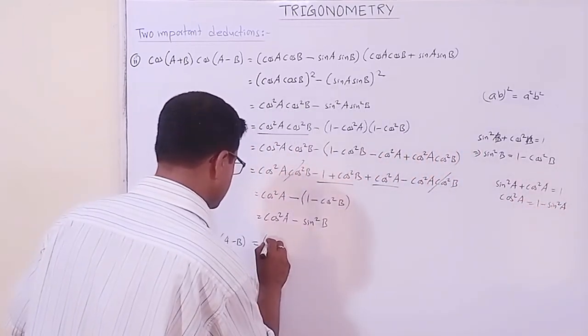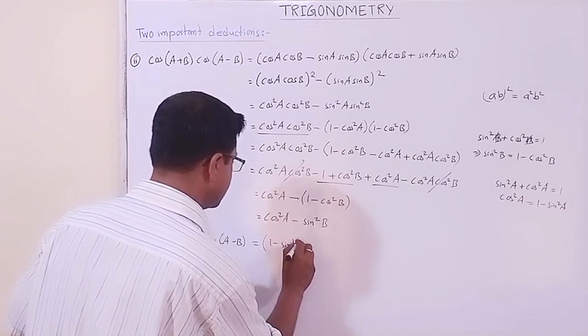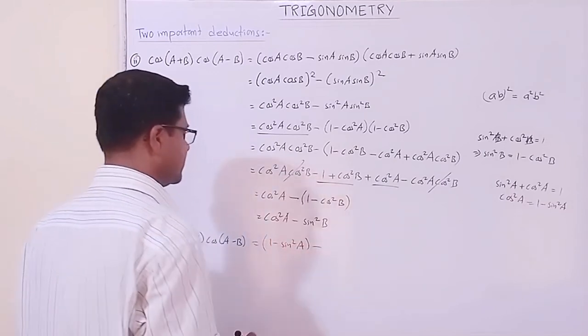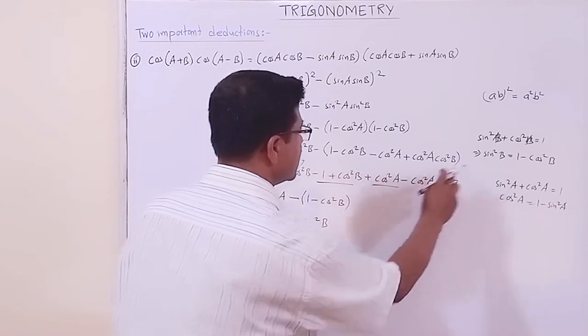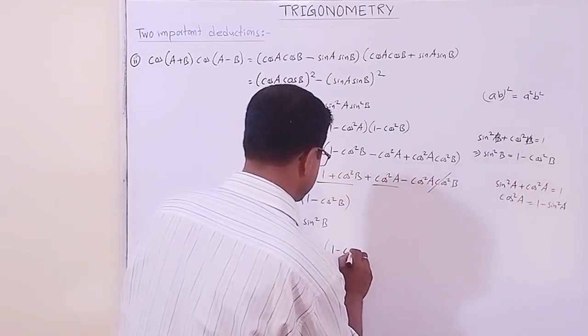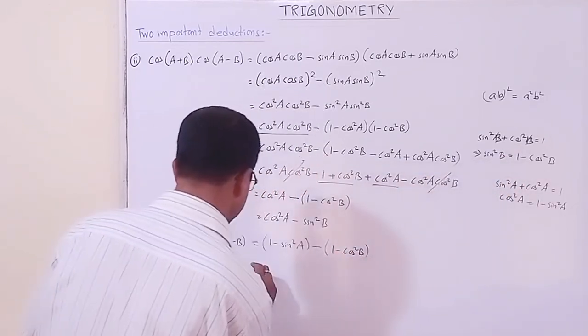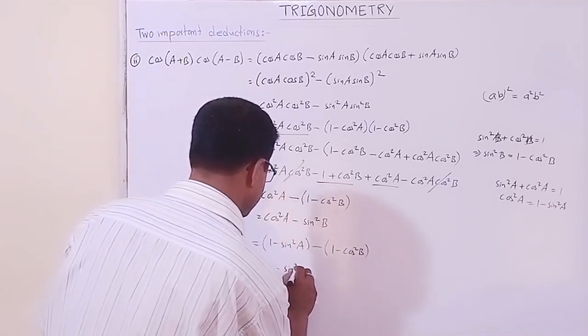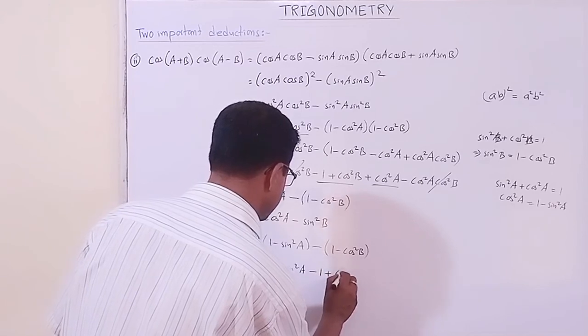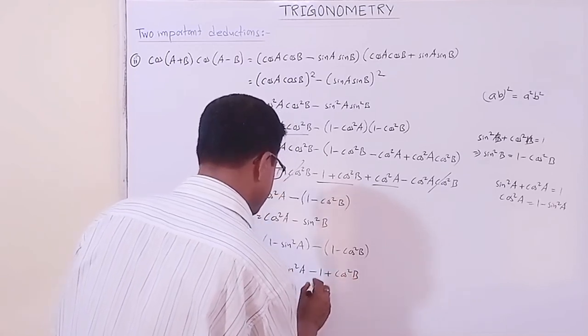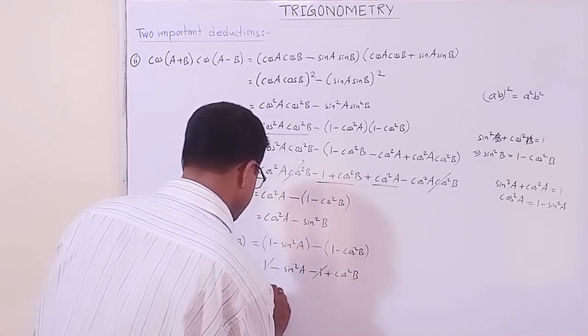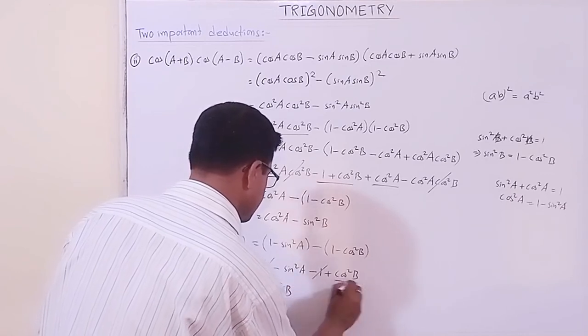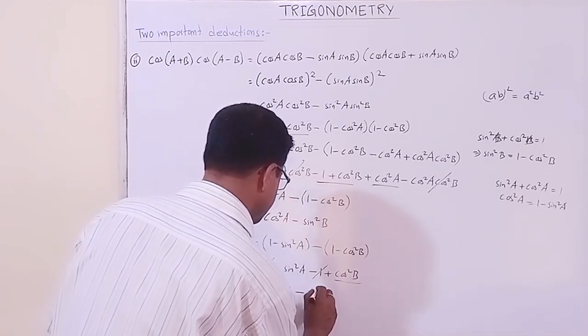So this is 1 minus sin square a minus sin square b. Sin square b is 1 minus cos square b. So 1 minus sin square a minus 1 plus cos square b. The 1 will get cancelled. This is cos square b, and this one we have written minus sin square a.